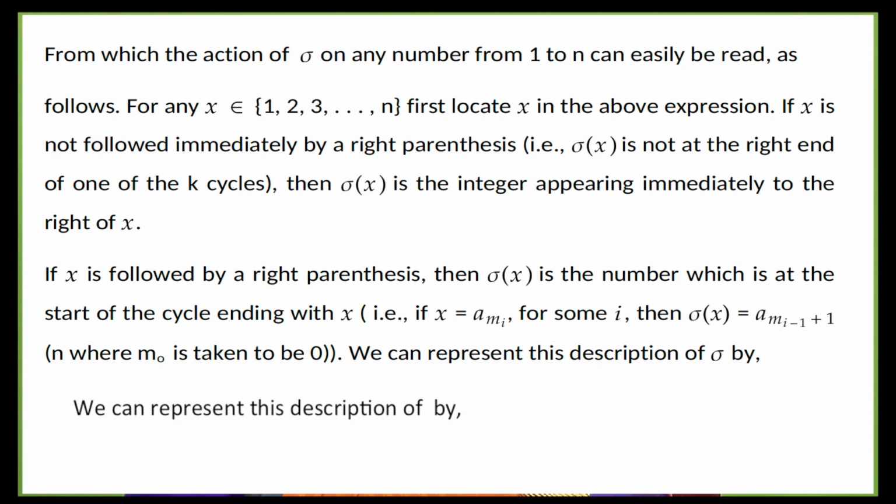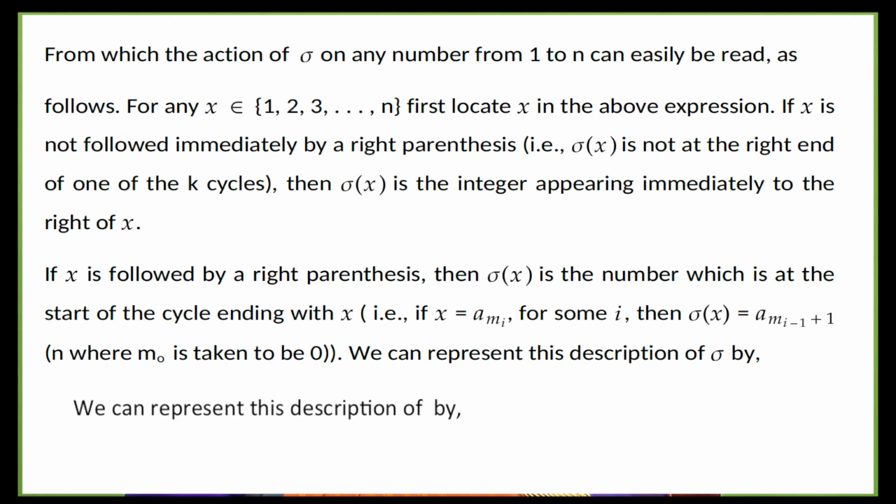For any x an element of 1, 2, 3 up to n, first locate x in the above expression. If x is not followed immediately by a right parenthesis, that is, x is not at the right end of one of the k cycles, then sigma of x is the integer appearing immediately to the right of x.